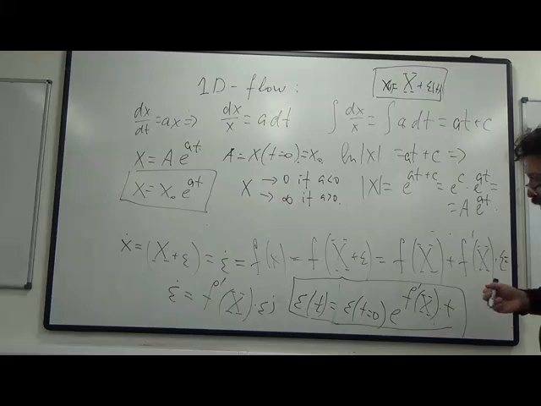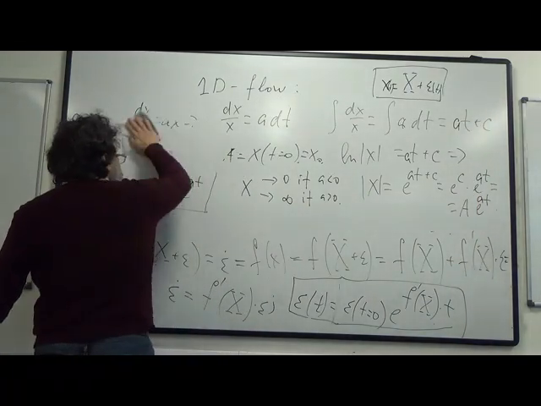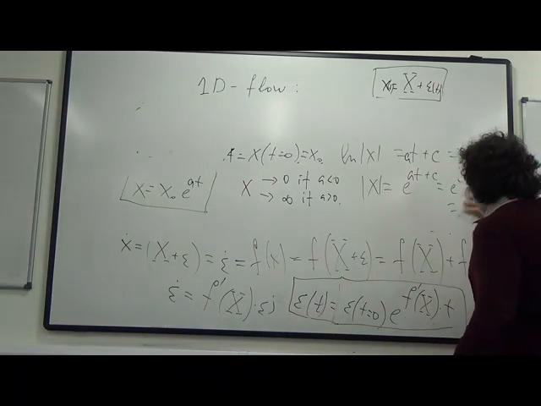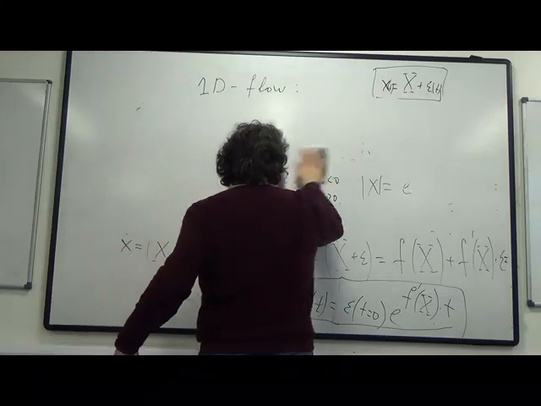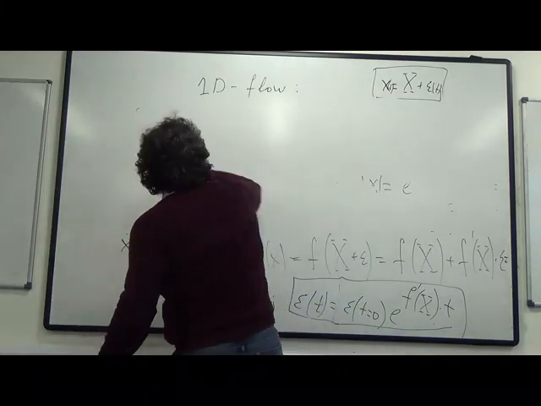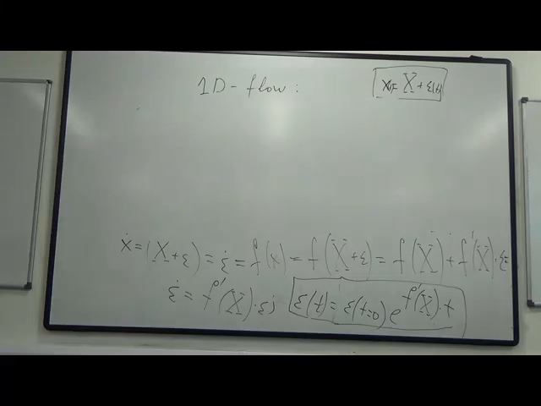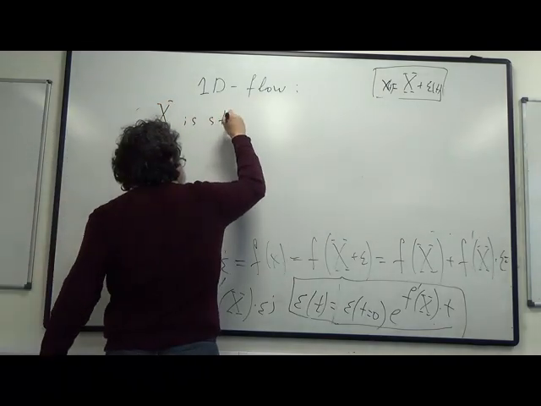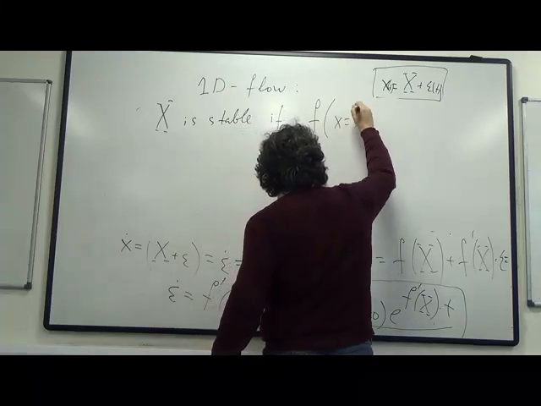So from here we conclude that x capital is stable if the derivative of f when x equals x capital is negative.